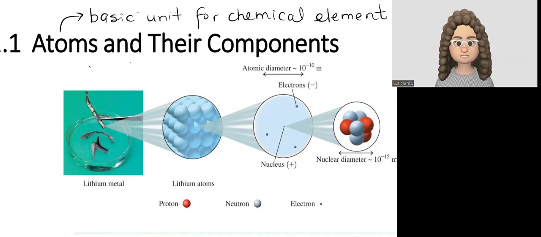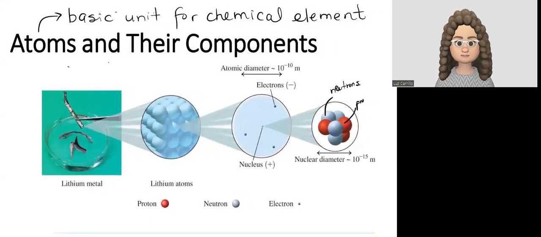In the nucleus of the atom, we are going to find specifically neutrons, which are illustrated by those white spheres that we can see there. And then we have protons. Now, outside of that nucleus, we're going to see electrons.